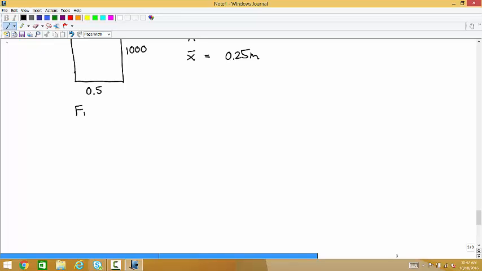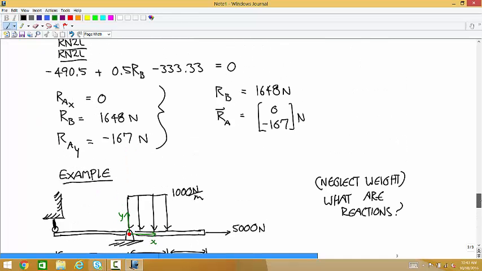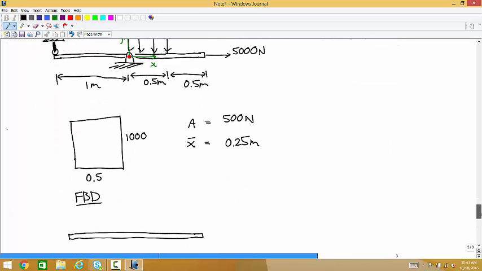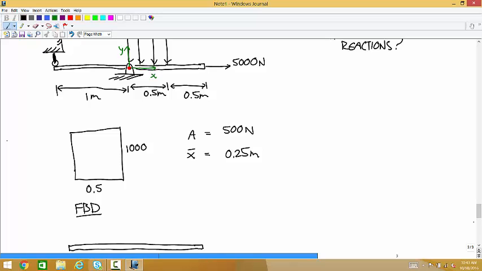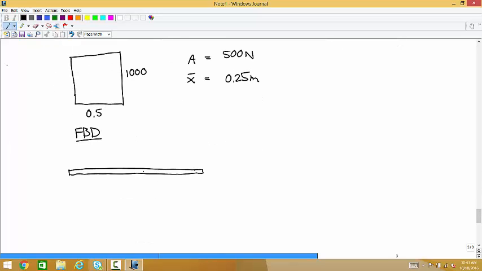And now the free body diagram. At the pin, there's a full force vector. Call that R. At the roller, there's a downward force.